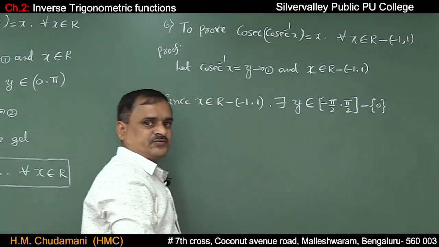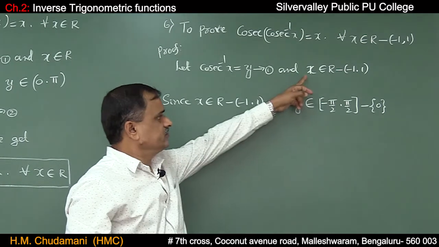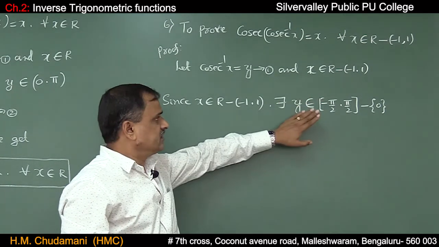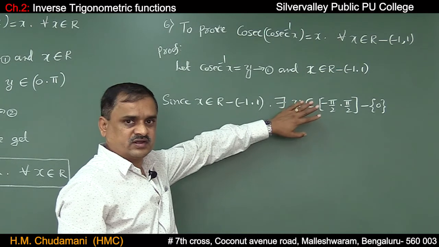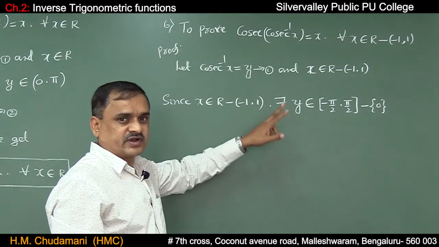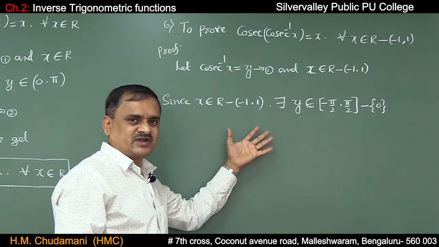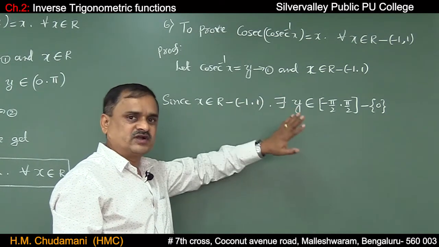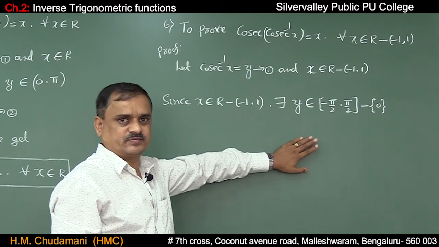Recollect the graph. Since you need to mention the range, domain and range, okay, strictly speaking you need to write this. Some of my friends may not write this, so better to learn this method.